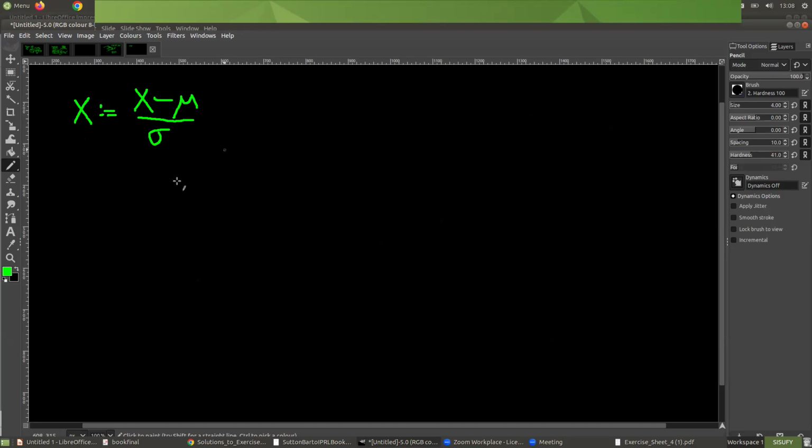So after you do this, then suddenly it has zero mean and unit variance. But if this variable is multi-dimensional, then this is not so straightforward. Okay, it will have unit variance, but maybe you want the covariance matrix to be also identity.